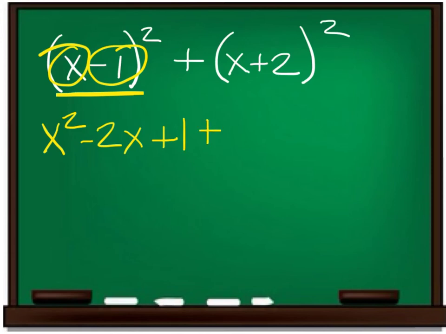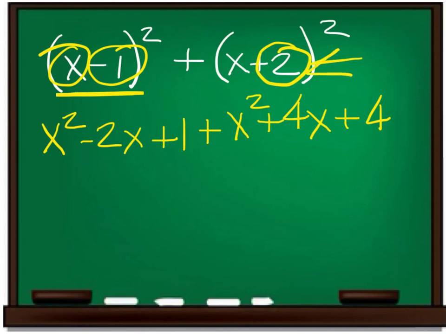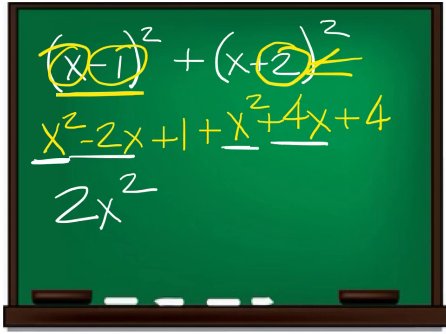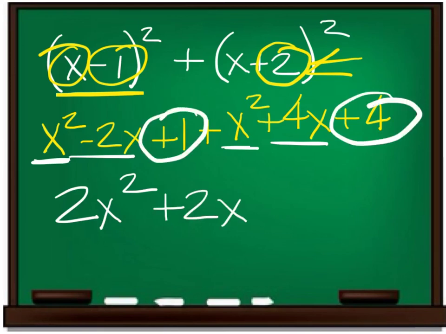You can do the same thing over here. X times 2 to get 4x, and then plus 4 from when you square that. X squared and x squared is not x to the fourth. It is 2x squared. Negative 2x plus 4x is 2x, and 1 plus 4 is 5.